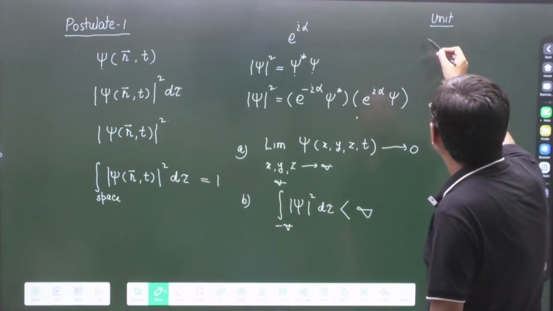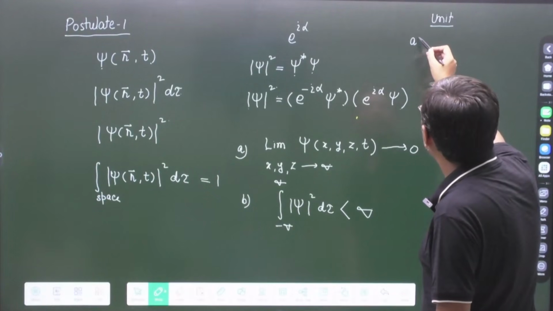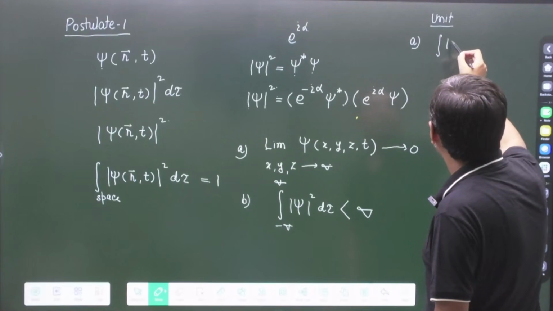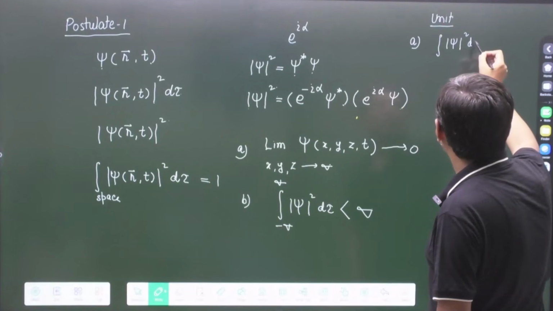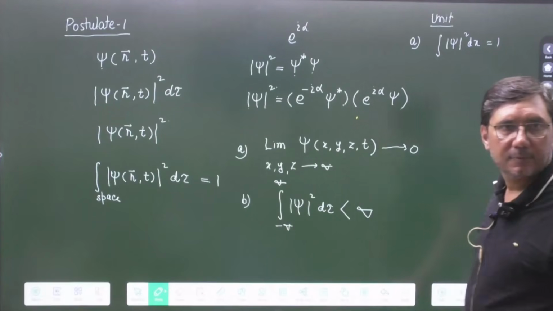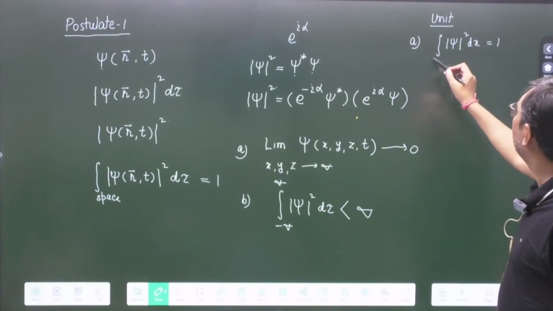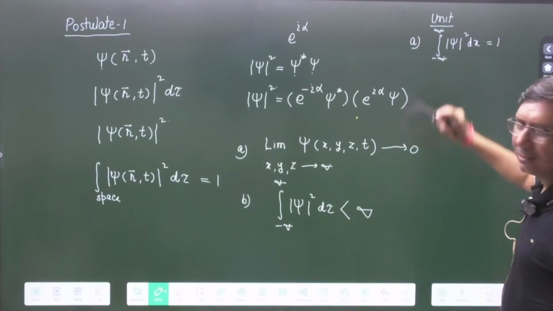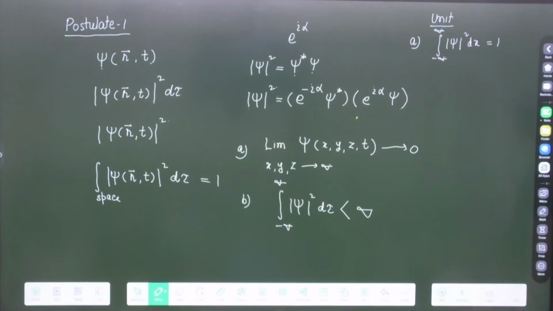So I'm writing here a 1D problem. My wave function psi square dx will be equal to 1, from minus infinity to plus infinity.